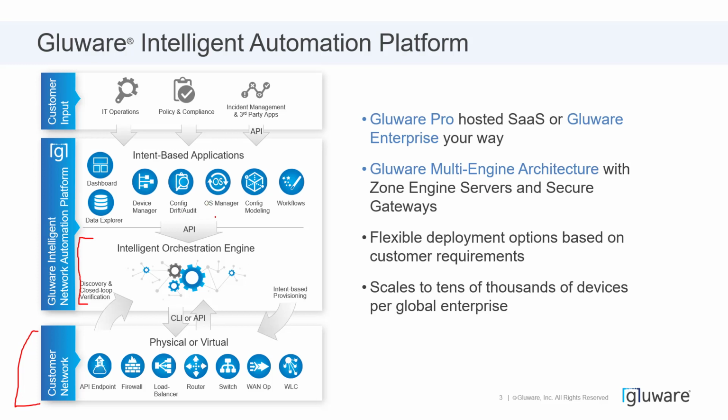OS Manager automates the painful process of executing operating system upgrades and patching. Config modeling, we refer to it as our superpower, is our ability to very intelligently manage configurations across multiple vendors, and even very complex configs like QoS, EVPN, VXLAN, and more. And workflows, when you're building more end-to-end process automation or integrating APIs, are commonly done in workflows.